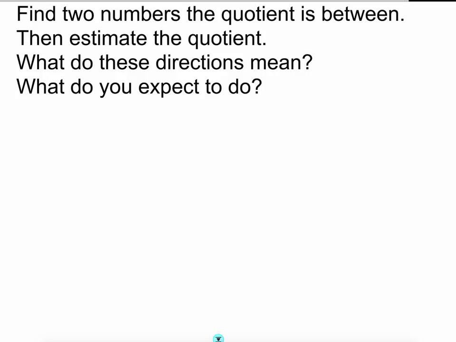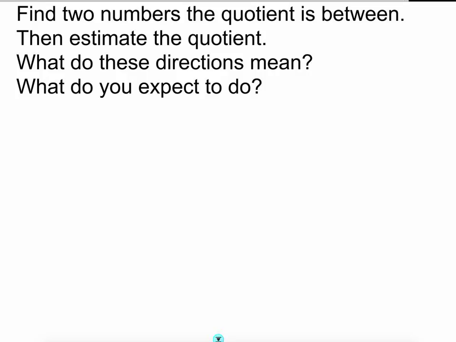Looking at these directions, it says find two numbers. So now I know that I'm going to be dealing with two numbers, and the quotient is between. So I know from that my quotient, which is the answer to a division problem, is going to be in between two numbers, and it's my job to find those two numbers.